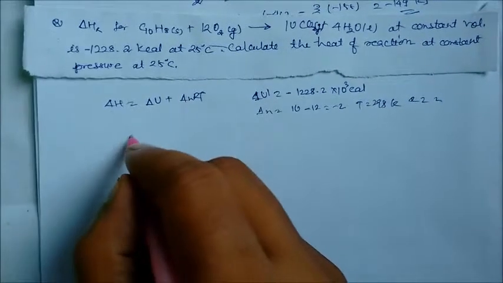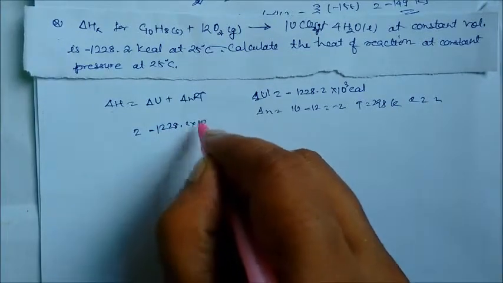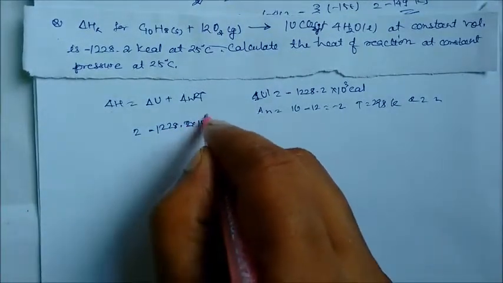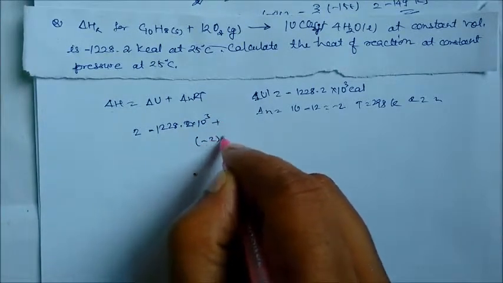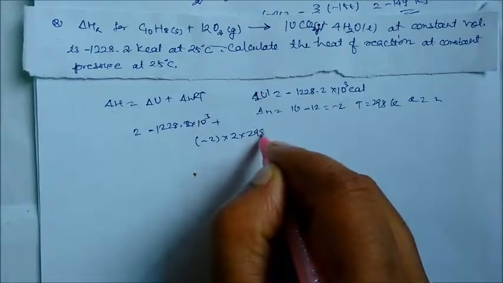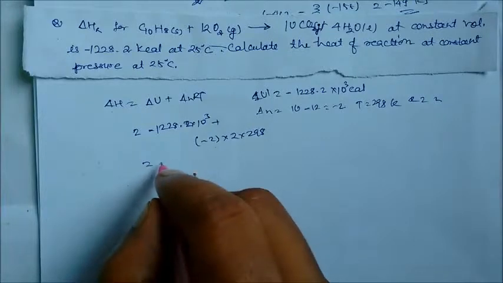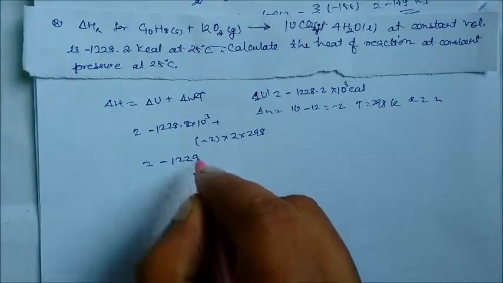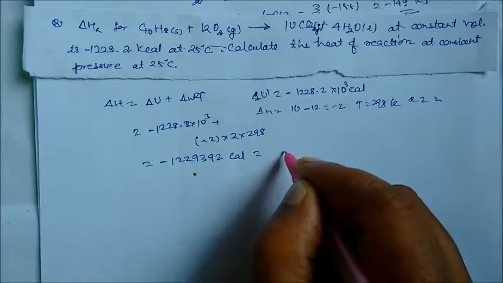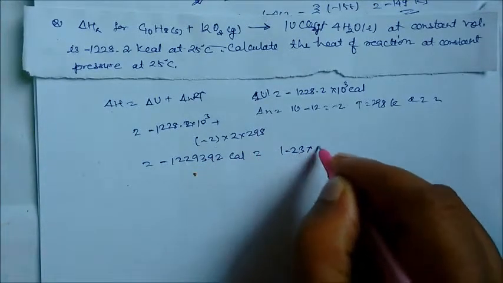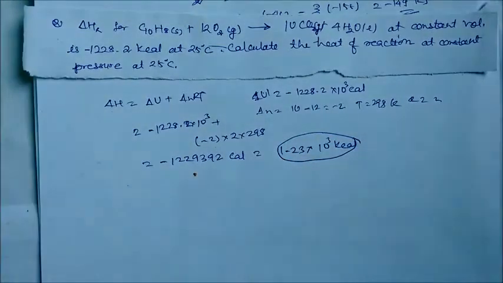So we can put in the values: -1228.2 into 10 to the power 3 plus -2 into 2 into 298. On solving, it becomes very easy. We get -1,229,392 calorie, or in shortcut, -1.23 into 10 to the power 3 kilocalorie. So this is our answer.